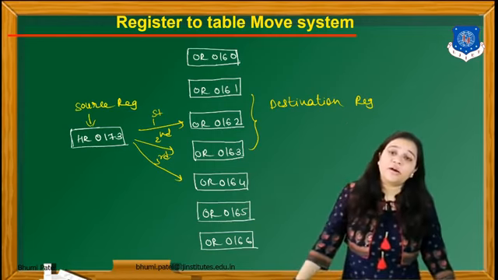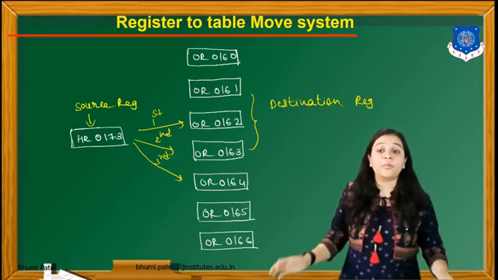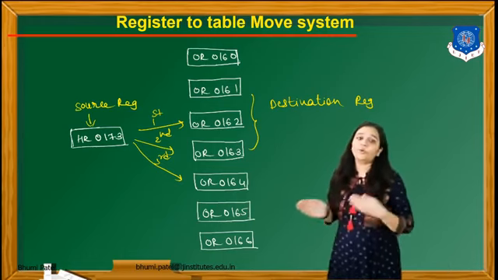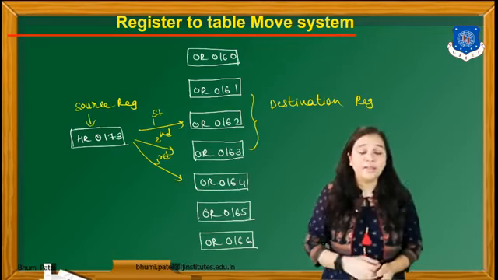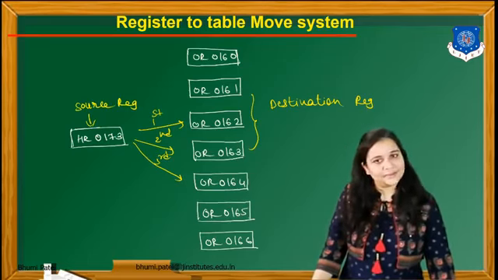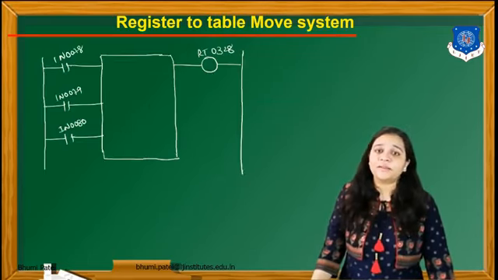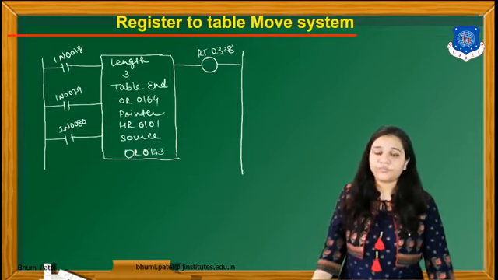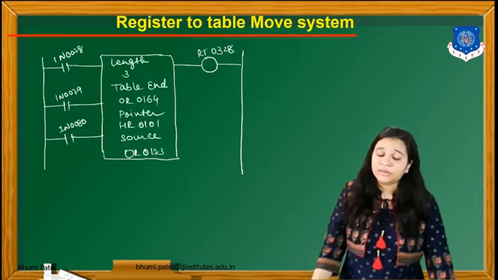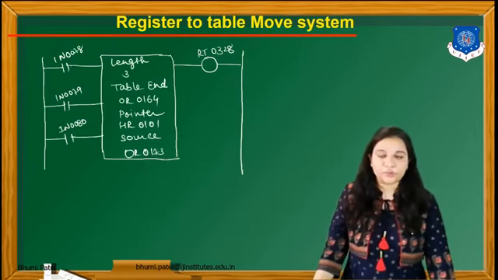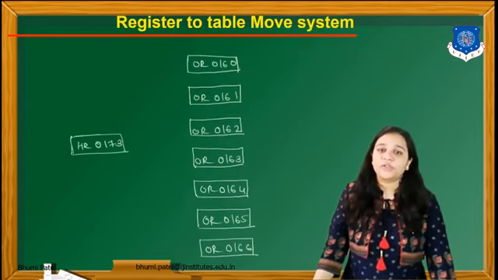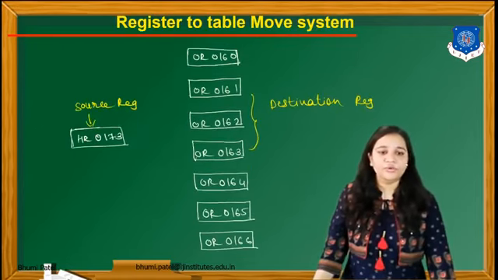So we have sent the data from one source register to the number of tables, which become our destination address. First you have to write the table length, then the table end, then the pointer and the source. Okay, so this is all about the register to table move system.